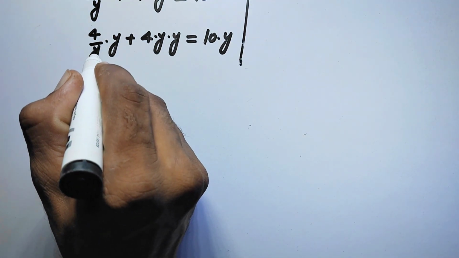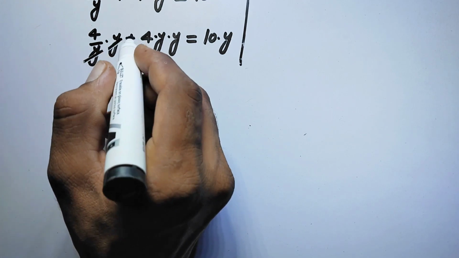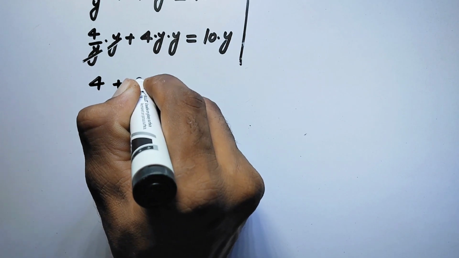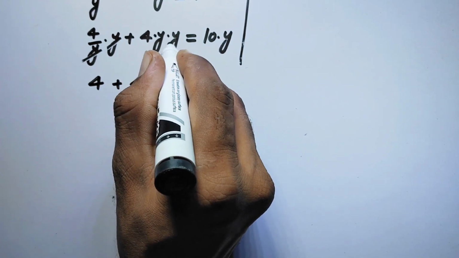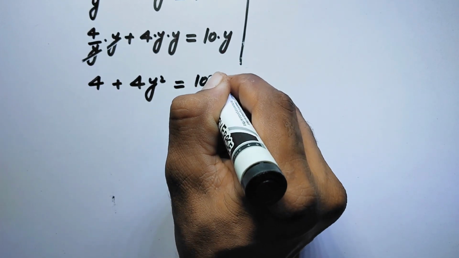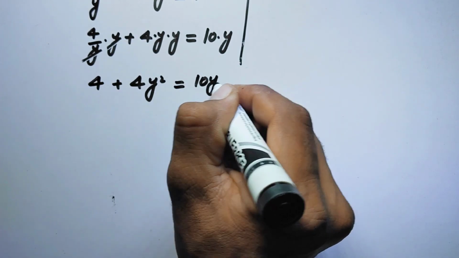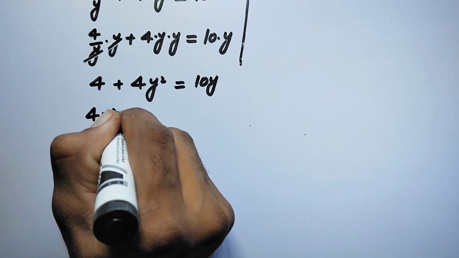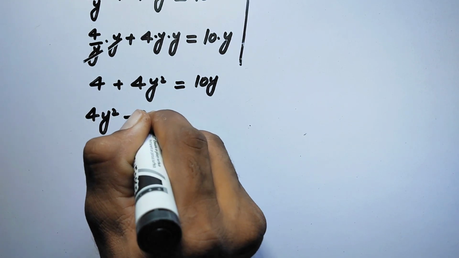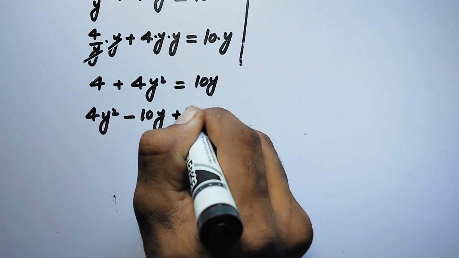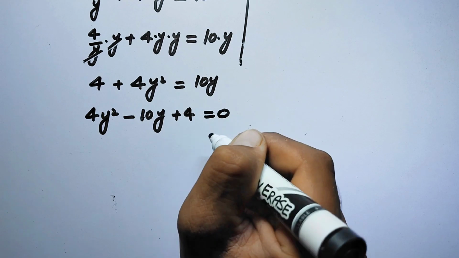So now this y will cancel out this y, and what is left is 4 plus 4 times y square is equal to 10y, or we can write 4y square minus 10y plus 4 is equal to 0.